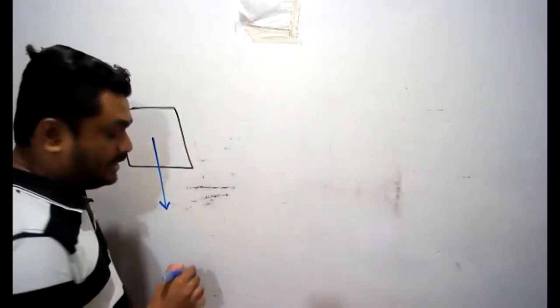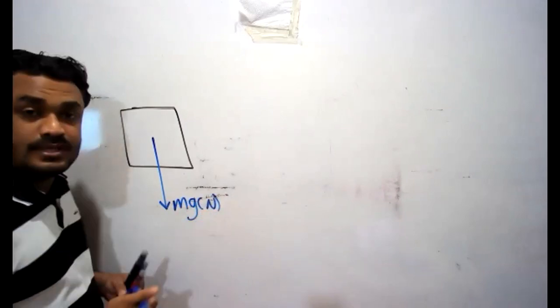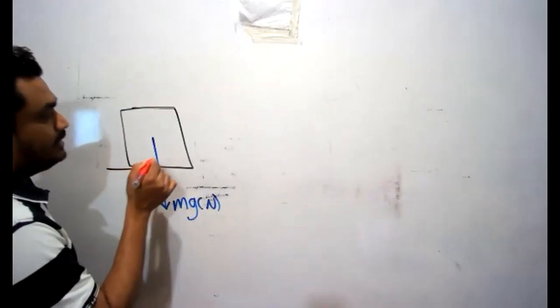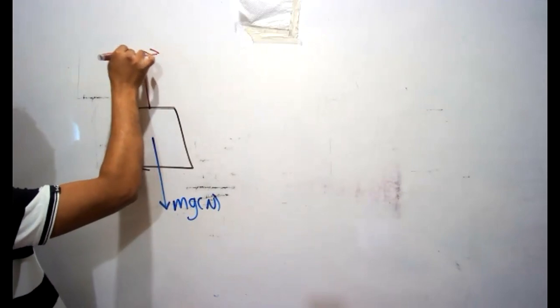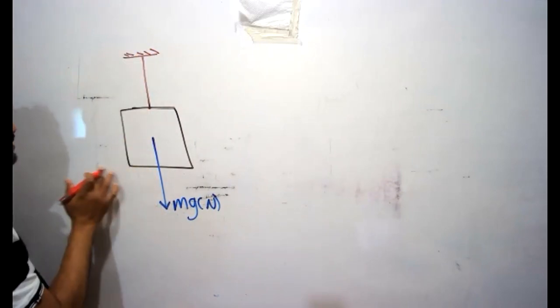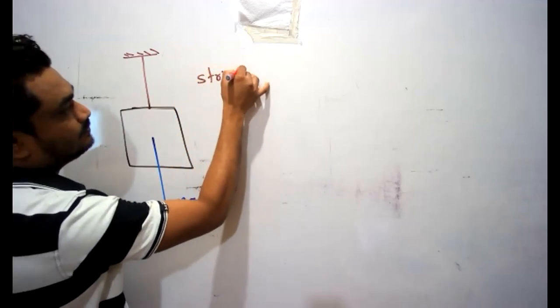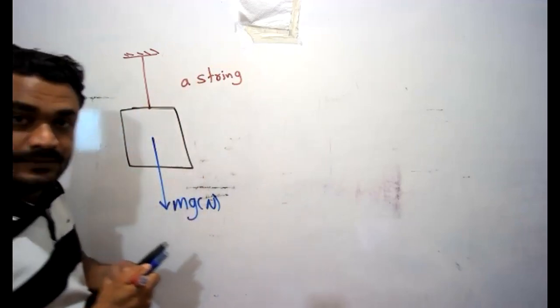We know how to calculate it. This is known as gravitation attraction force. Let's say it is connected to a string and we can keep it like this. With the help of a string, we have kept the object like this. Got it? Right.